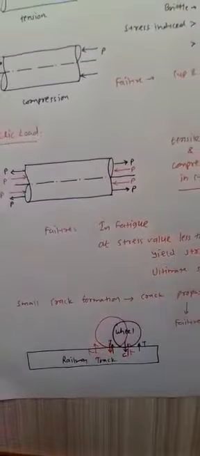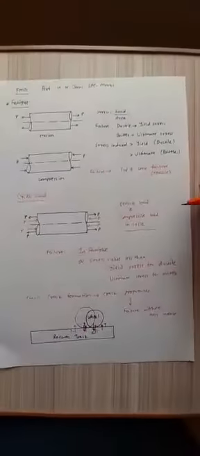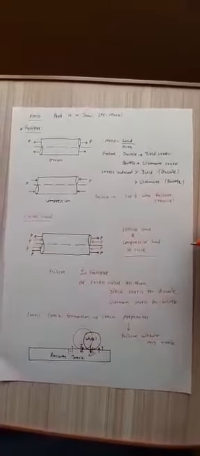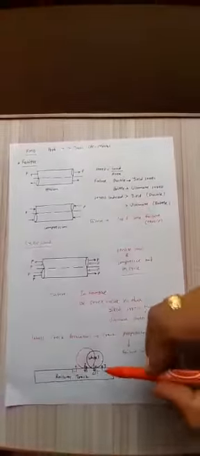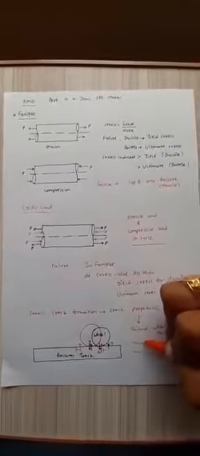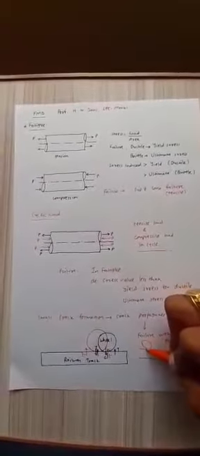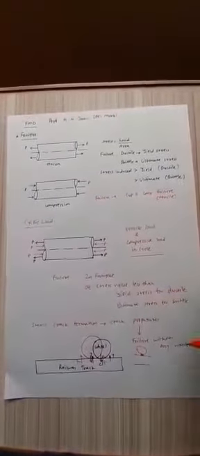So this is a very simple application of fatigue. When a rail wagon passes on the railway track, as the wheel moves on, the fibers which are under the wheel are subjected to compressive load.